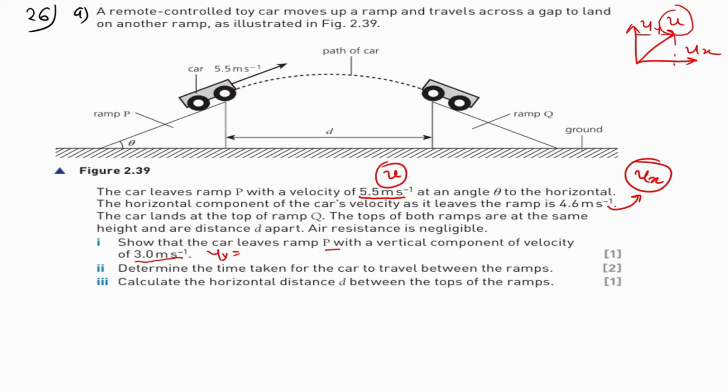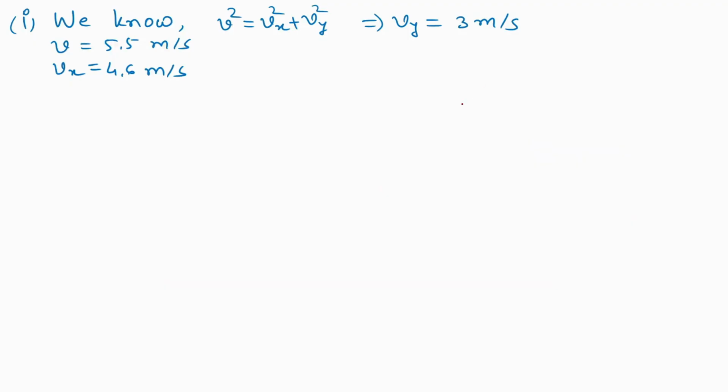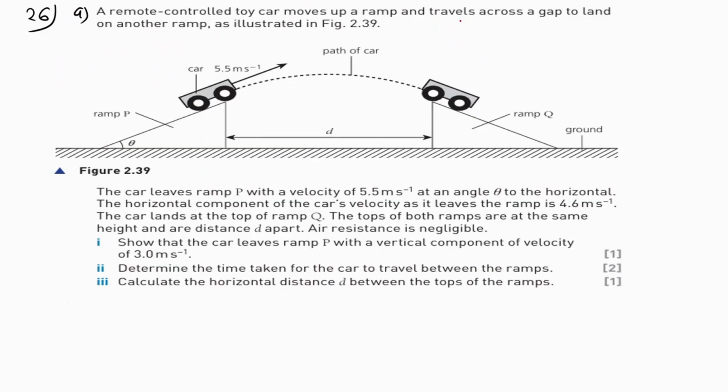Since one is in the y direction and the other is in the x direction, the angle between these two components is 90 degrees, and our equation reduces to u squared equals ux squared plus uy squared. But we need to find uy, so try to make it the subject of this equation. You have u and ux. I hope you did the question, and it will give you the answer of 3 meters per second. So this is question number one.